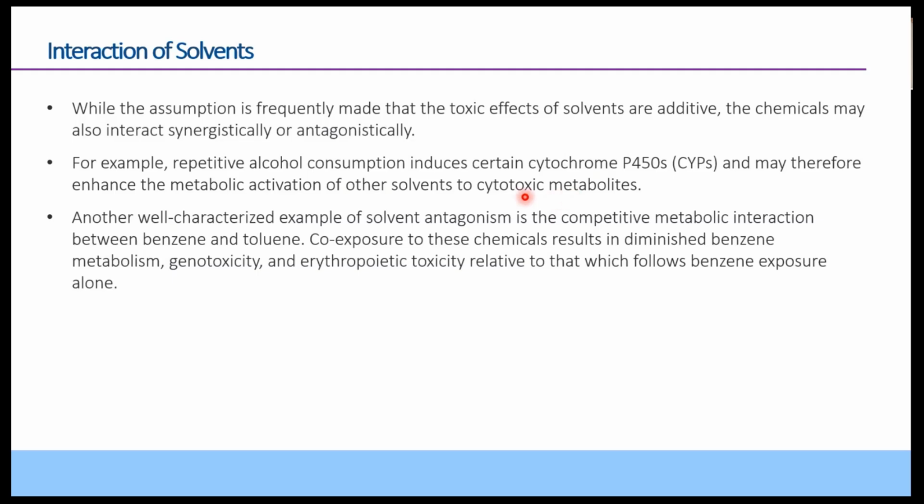Another well-characterized example of solvent antagonism is the competitive metabolic interaction between benzene and toluene. Co-exposure to these chemicals results in diminished benzene metabolism, genotoxicity, and erythropoietic toxicity related to that which follows benzene exposure. So this is a typical example of solvent antagonism.